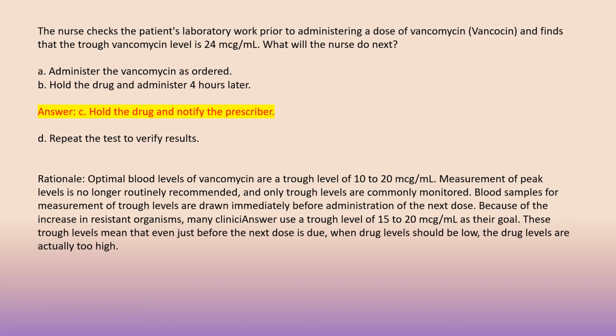Blood samples for measurement of trough levels are drawn immediately before administration of the next dose. Because of the increase in resistant organisms, many clinicians use a trough level of 15 to 20 mcg per milliliter as their goal. These trough levels mean that even just before the next dose is due, when drug levels should be low, the drug levels are actually too high.